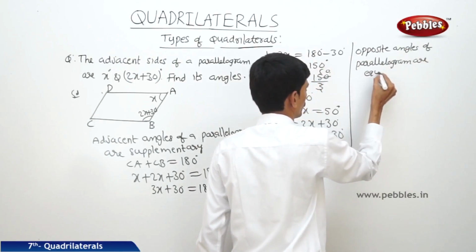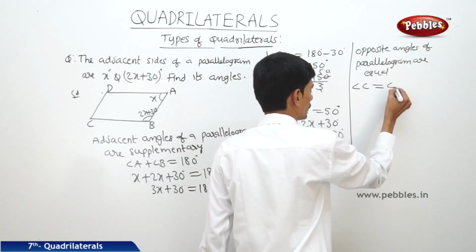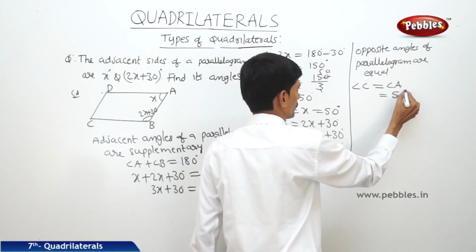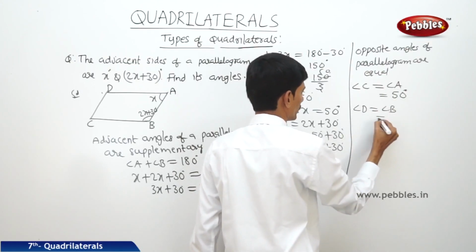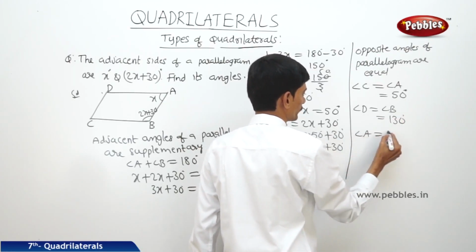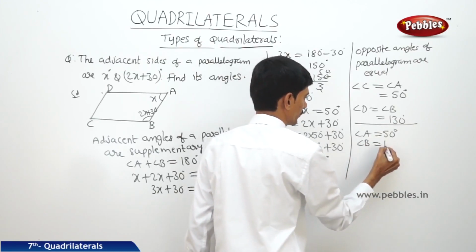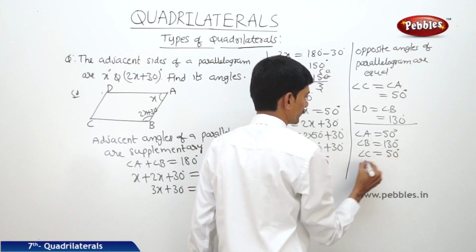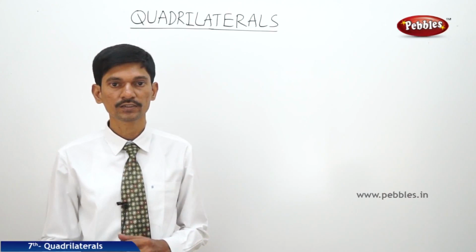So angle C equals angle A, that is 50 degrees, and angle D equals angle B, that is 130 degrees. So angle A equals 50 degrees, the four angles: angle B equals 130 degrees, angle C equals 50 degrees, angle D equals 130 degrees. Now let us see the next question.